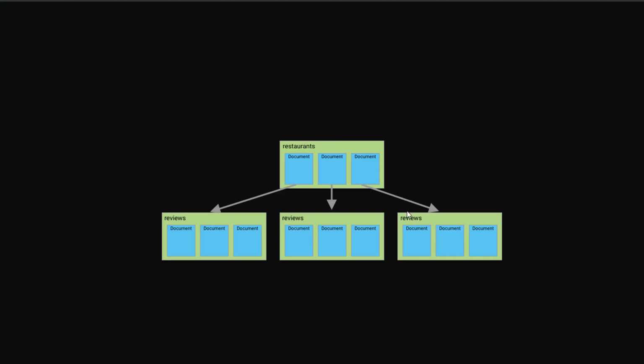This is a picture provided by the official Firestore blog. Here you can see the database model of a restaurant app, and here we have collections and documents. This is the collection of restaurants, right? Inside that we have the branches, and each branch is called a document. Each document can have multiple collections.